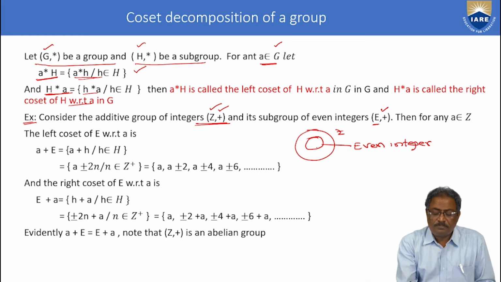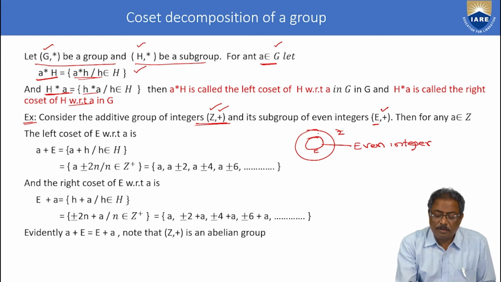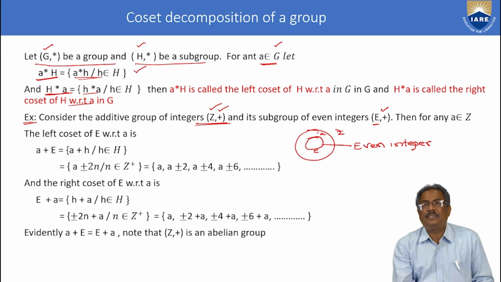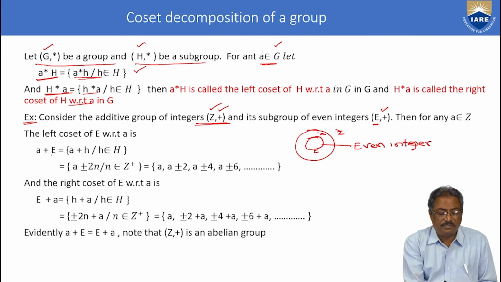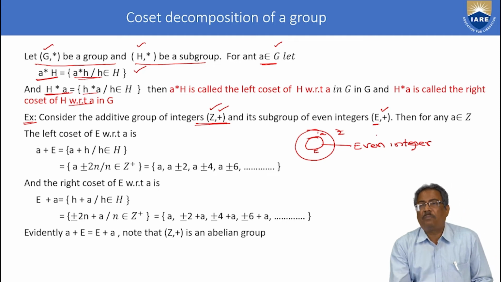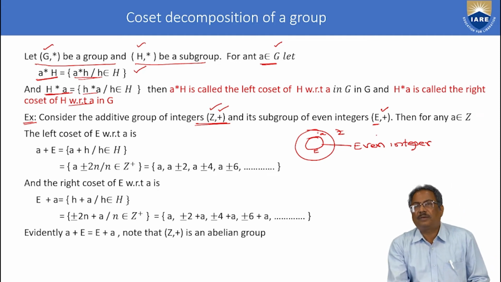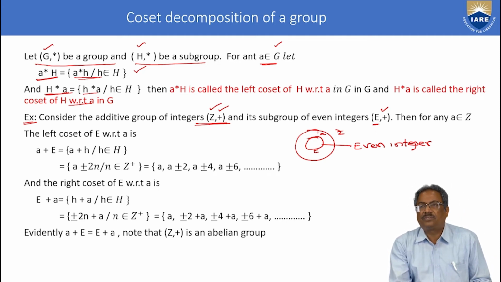So now if it is a subgroup, we have to consider an element A in Z. Whatever binary operation we perform on the group as well as the subgroup, the same binary operation we have to consider.